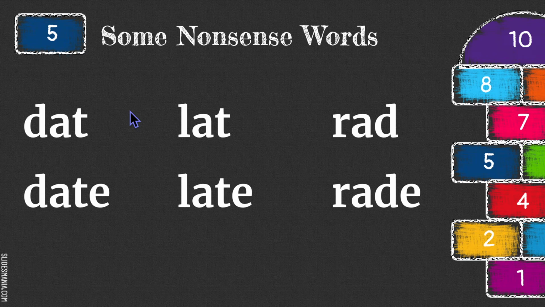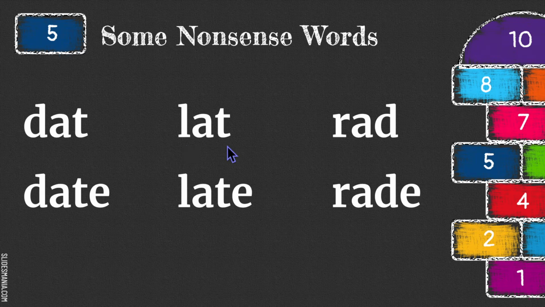Let's practice some more. Some of these are real words and some are nonsense words. So if you don't know what it means, that's fine. We can still sound it out. So once again, the first row is going to use the short vowel sounds like we're used to. And the second row we'll use the silent E to make the A's have the long A sound. D, at, dat. D, ate, date.